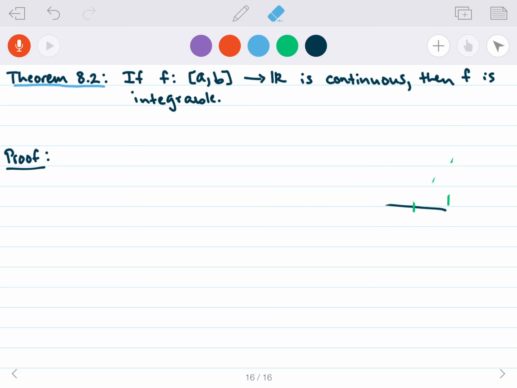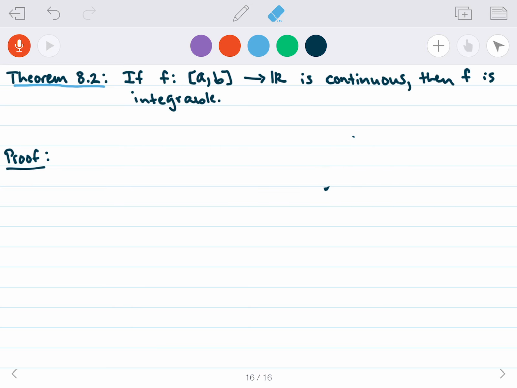But anyway, this theorem is telling us that if it is continuous, it's guaranteed to be integrable. Unlike differentiability. Remember, we had something that was continuous but not differentiable? Well, this theorem says continuity implies integrability always.